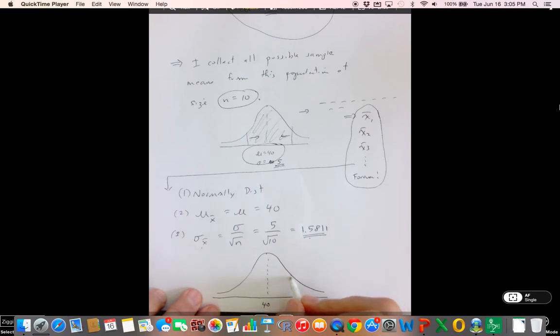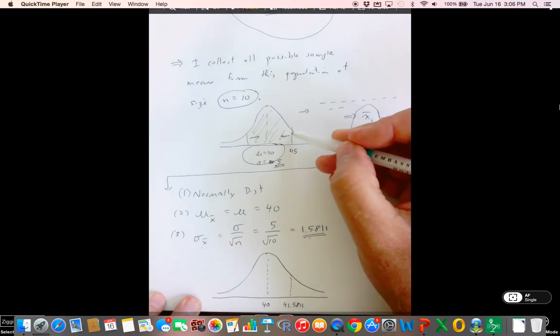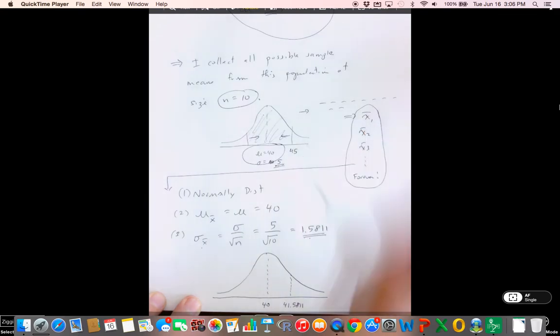So one standard deviation above the mean here is going to be 41.5811, where one standard deviation above the mean when we're taking things one at a time is 45. We create less variation around the mean when we take things 10 at a time.